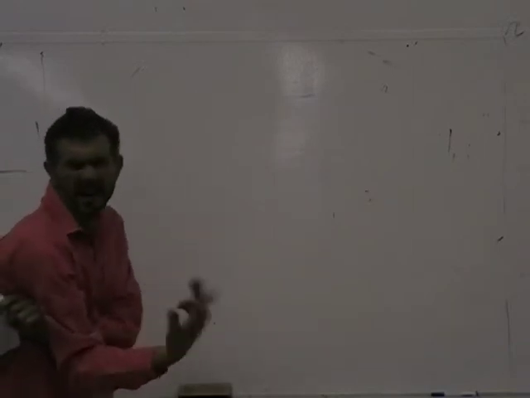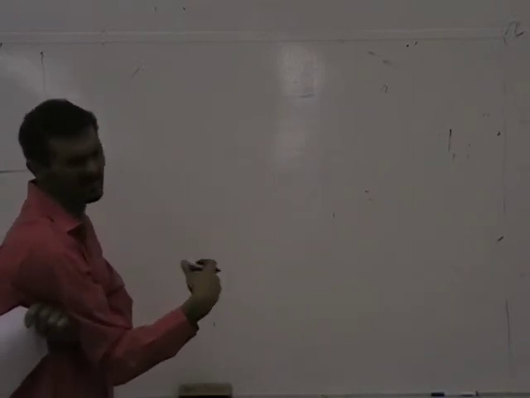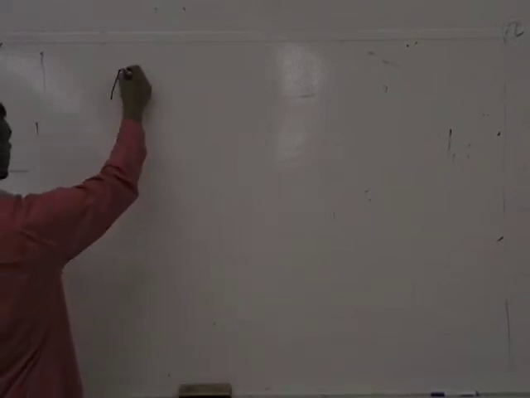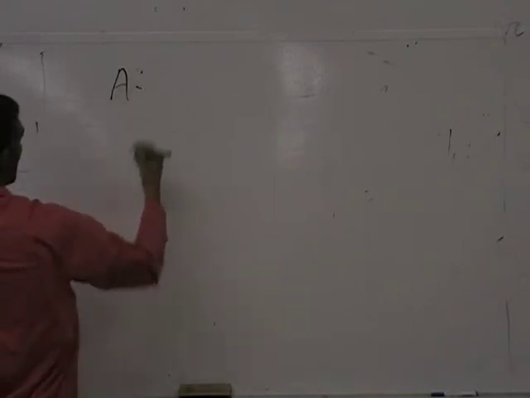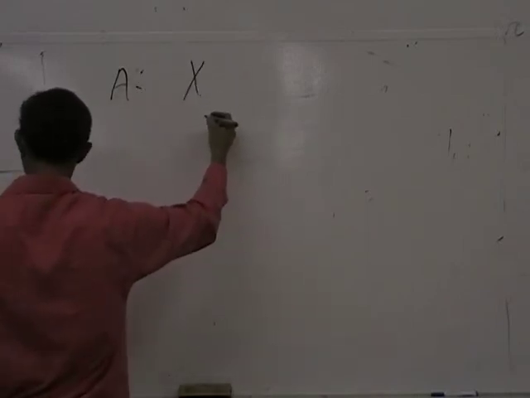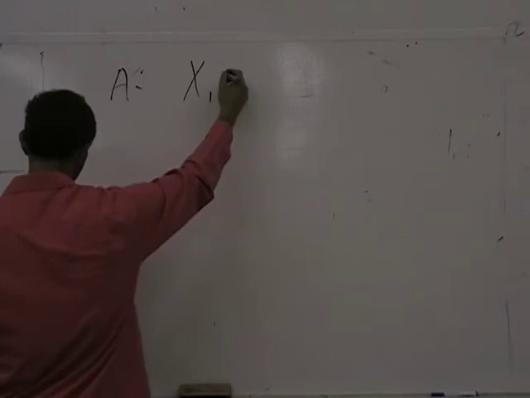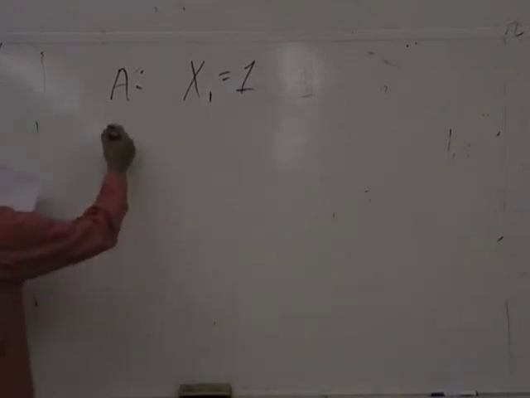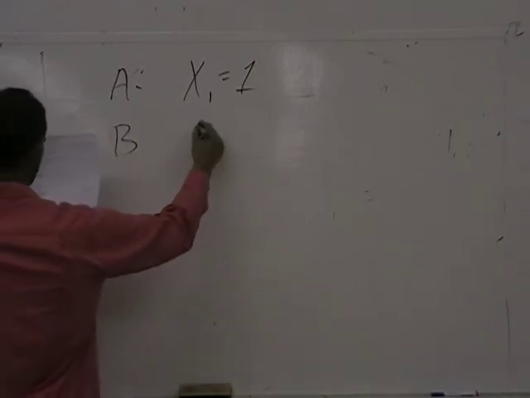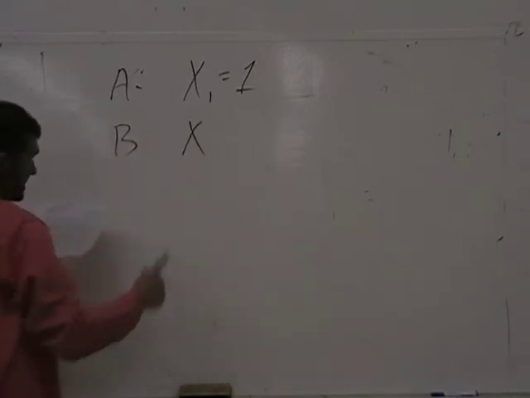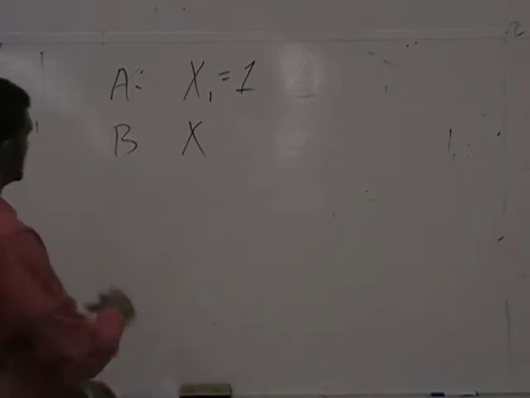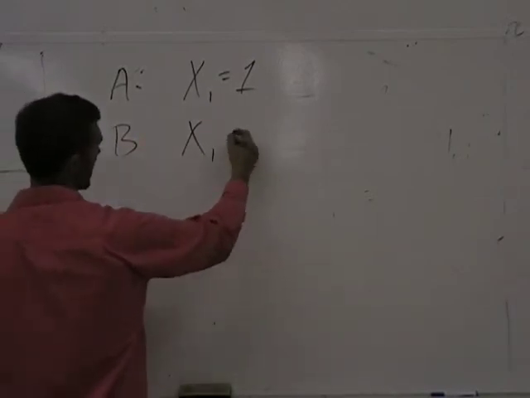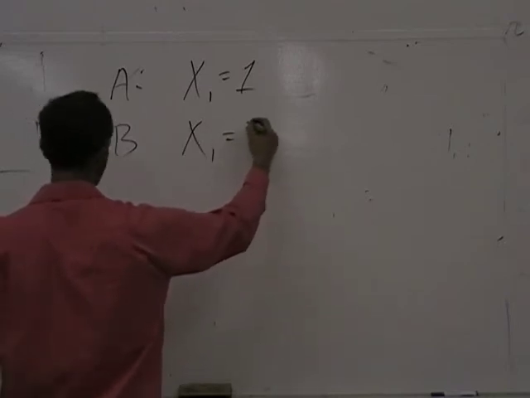Now I talk about events. Events are kind of like random variables. Event A, I define as the outcome being a 1. B is the event which is true for outcome of random variable x1 being 2.